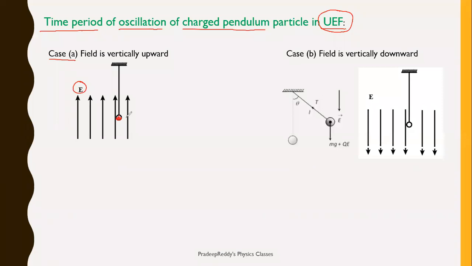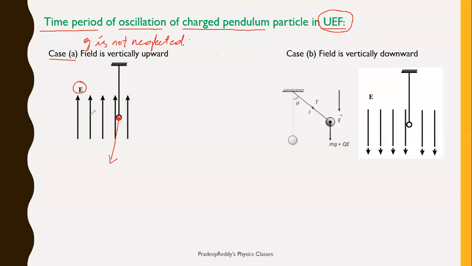We are not neglecting gravitational force here. g is not neglected. If g is not neglected, that means gravitational field is not neglected. Gravitational field will be acting in downward direction.